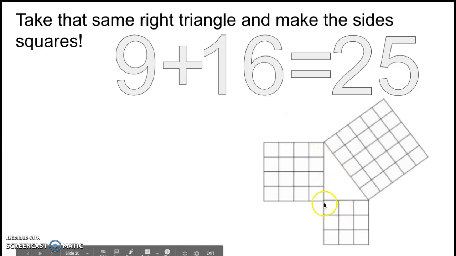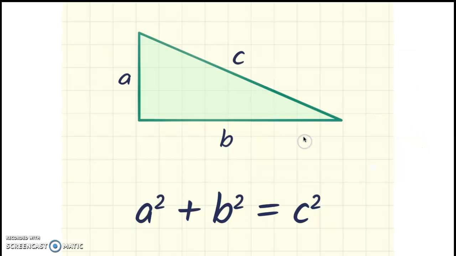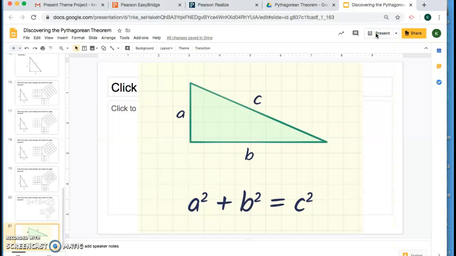And that's true for all right triangles. If you take the two leg lengths and you square them, they're going to equal the square of the hypotenuse length. And this is what is called the Pythagorean theorem. So we have our leg length A, we square it, we get our leg length B, we square it, we add those two together, and we get our hypotenuse length C.